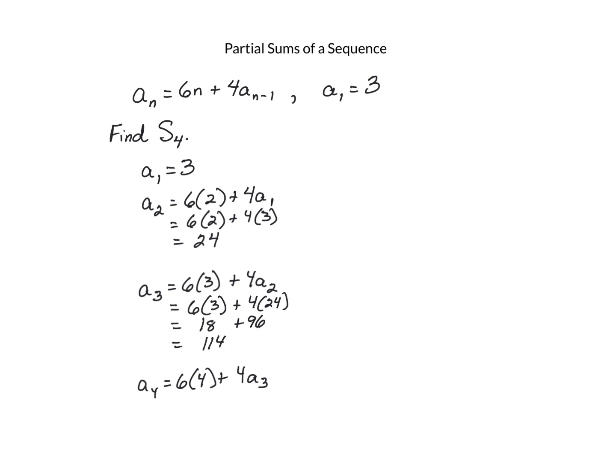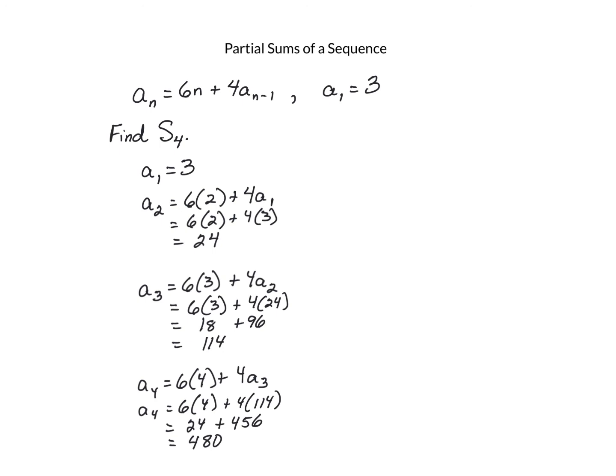And we're going to pop our 114 into our expression to find the fourth term. So a sub 4 equals 6 times 4 plus 4 times 114. That's 24 plus 456. And if we add those together, we have 480.